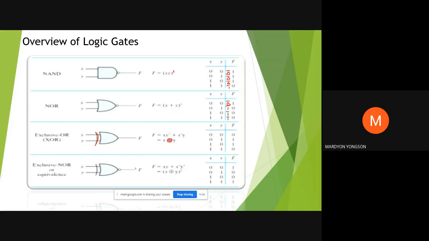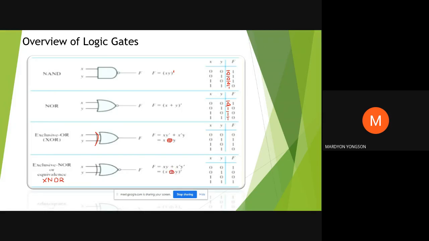And then we have also the exclusive NOR or XNOR. So we have the equation of x y plus x complement y complement, or you have this symbol na x plus y.